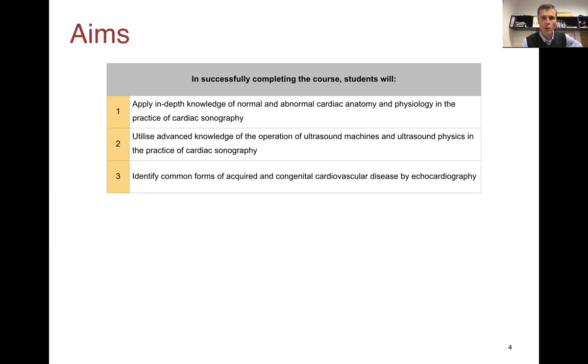Identify common forms of acquired and congenital disease. We'll be focusing on acquired disease again in this coming semester, especially ischemic heart disease. Acquire, measure, interpret high-quality echocardiogram images.